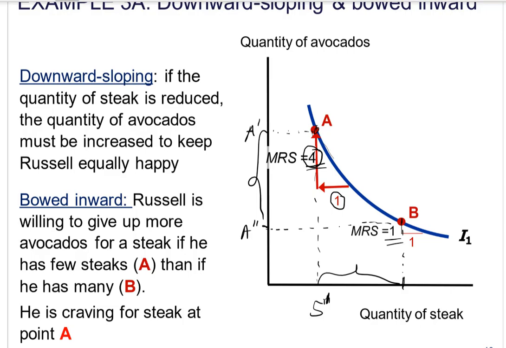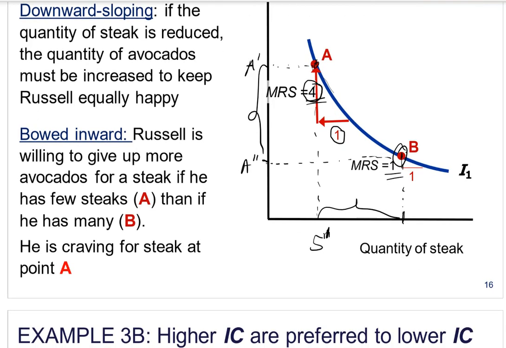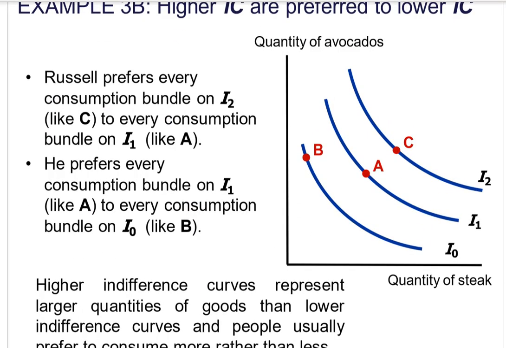So instead, he would be happy to give away more steaks in return for fewer avocados if he's at point B. But remember, either point A or B will give exactly the same utility level, yeah. This is about the ranking.